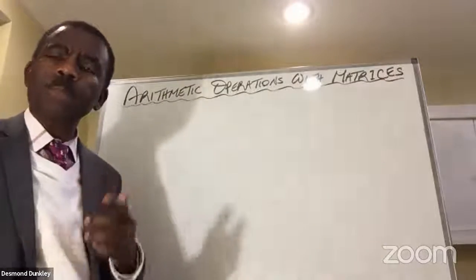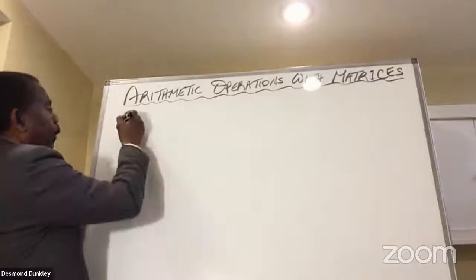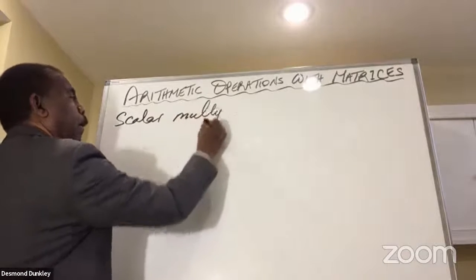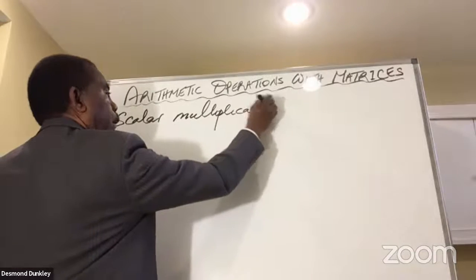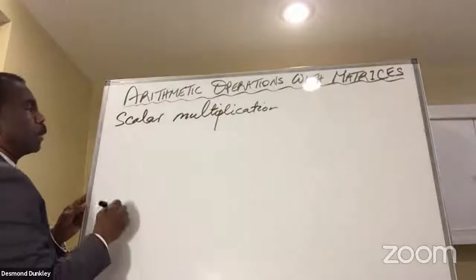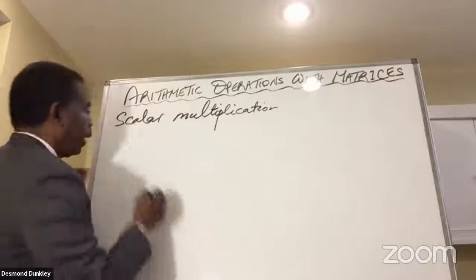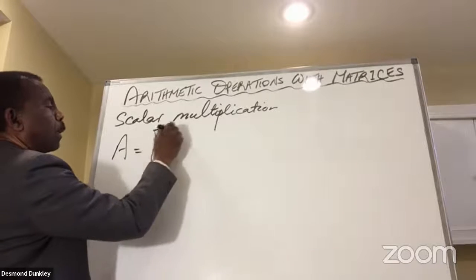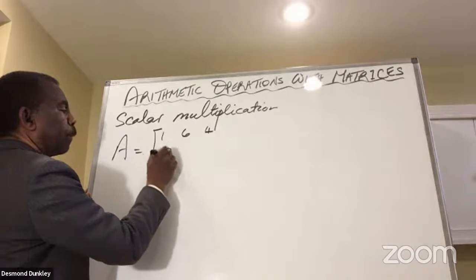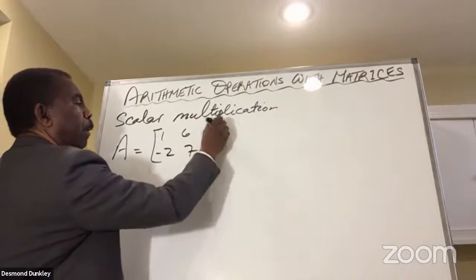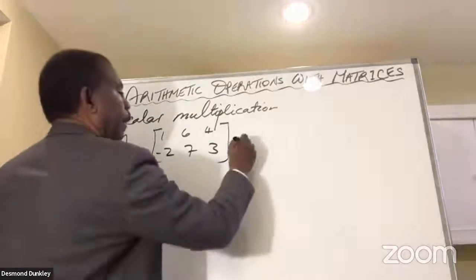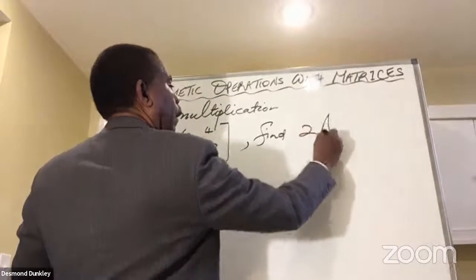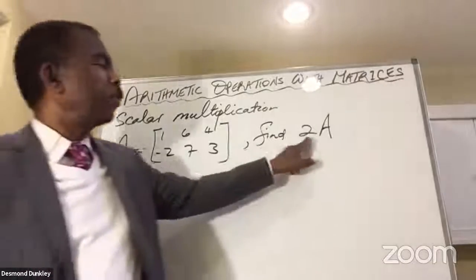So in the introduction to matrices, which I did last time, we talked about the scalar, which occurs if you take, for example, if I give you matrix A equal to 1, 6, 4, negative 2, 7, 3, and I say find 2A.